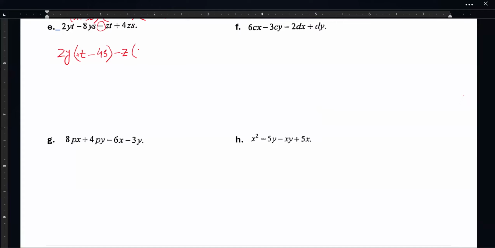So it's going to be t minus 4s, with the minus sign. Now the two brackets are identical. In the first bracket I will write t minus 4s. In the second bracket I will write 2y minus z.